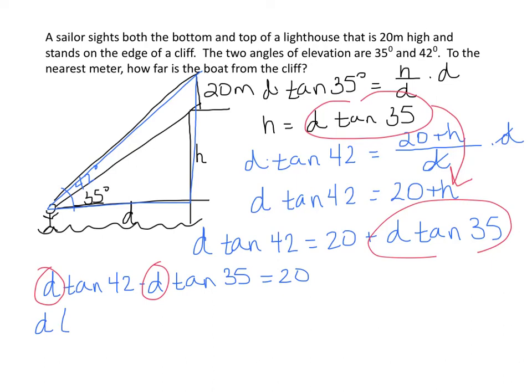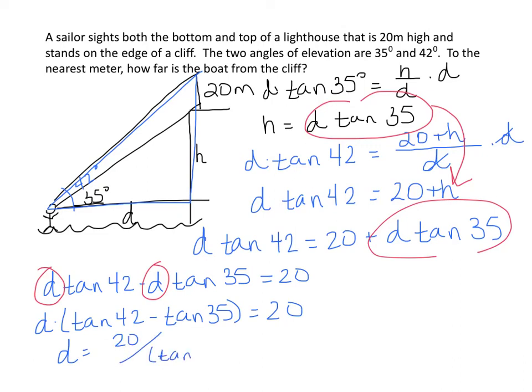Remember, factoring is the opposite of distributing. And now you can see that you're multiplying, so to undo the multiplication, d is simply 20 divided by the difference of tangent of 42 minus the tangent of 35.